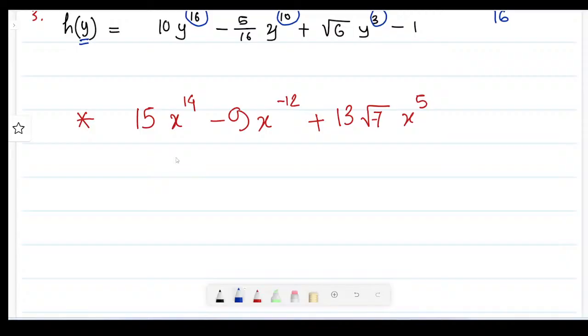So my first question is, is it a polynomial or not? Here we can see the negative power of x. So this is not a polynomial, so there is nothing to find out as any degree of this polynomial.